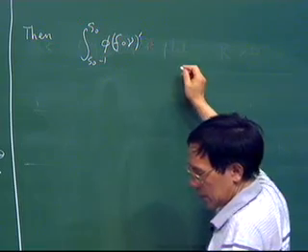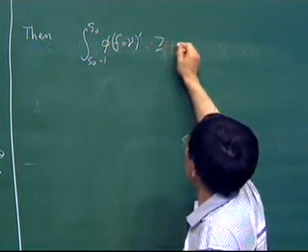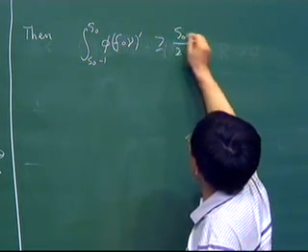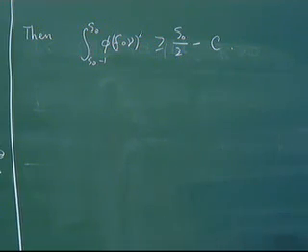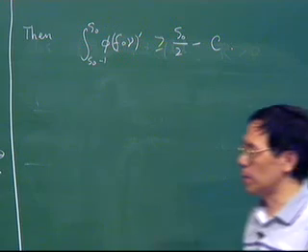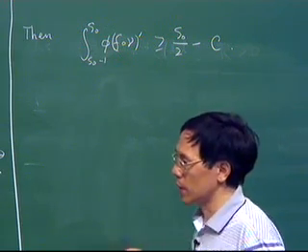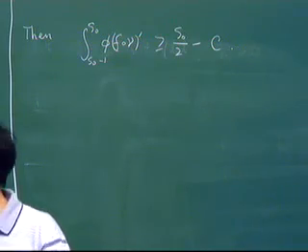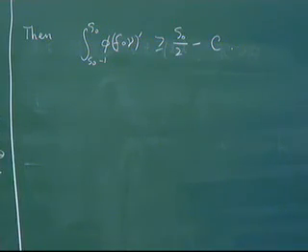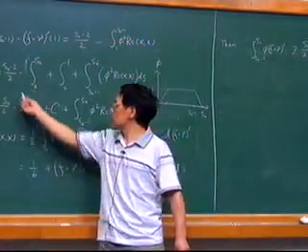This is bigger than or equal to minus some constant. I don't care much about the constants here. Actually, the constant can be determined explicitly if you do some computations. So this we just put here.